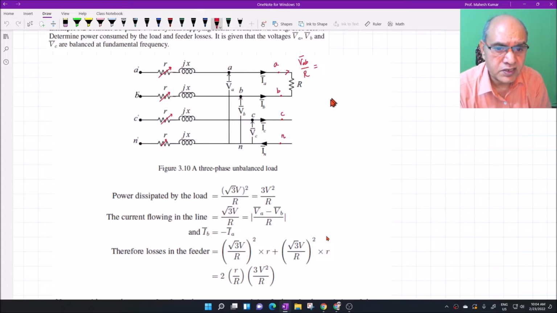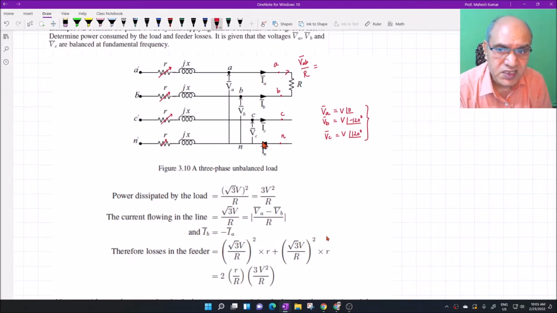It basically means that we are considering VA equal to V angle 0, VB equals V angle minus 120 degrees, and VC equals V angle 120 degrees. Correct? These are the three-phase balanced voltages at A, B, C.